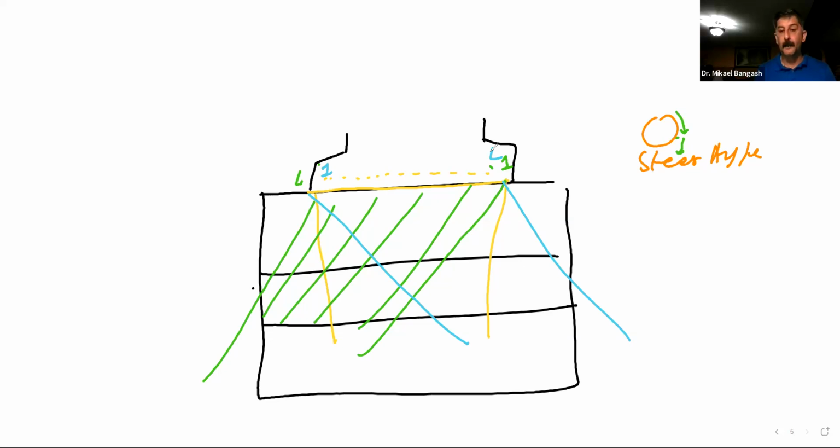Why is it that we want to steer the angle? Mainly to make sure that we don't have a 90-degree angle between the beam and the direction in which the blood is flowing.